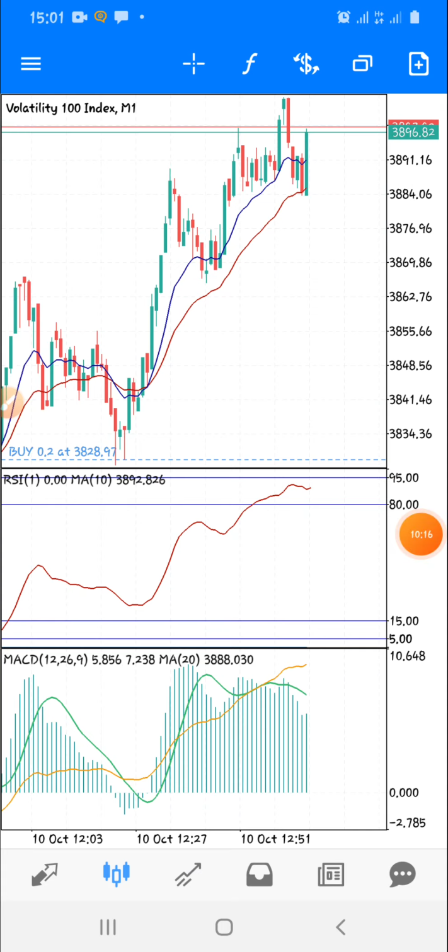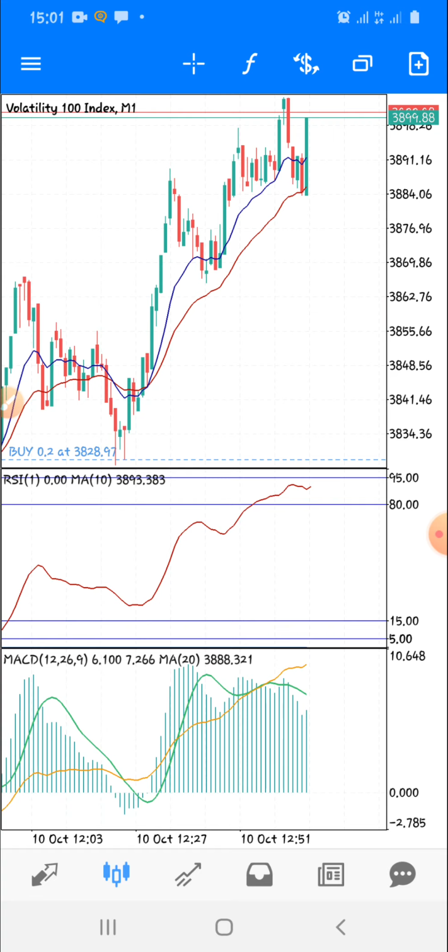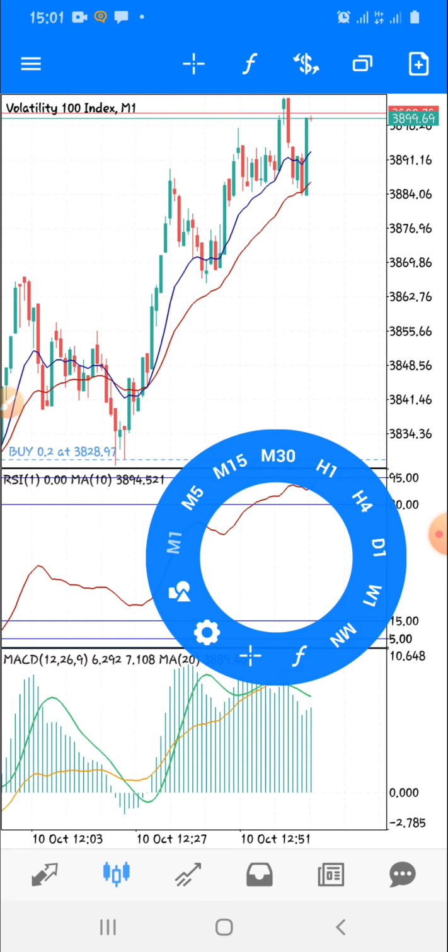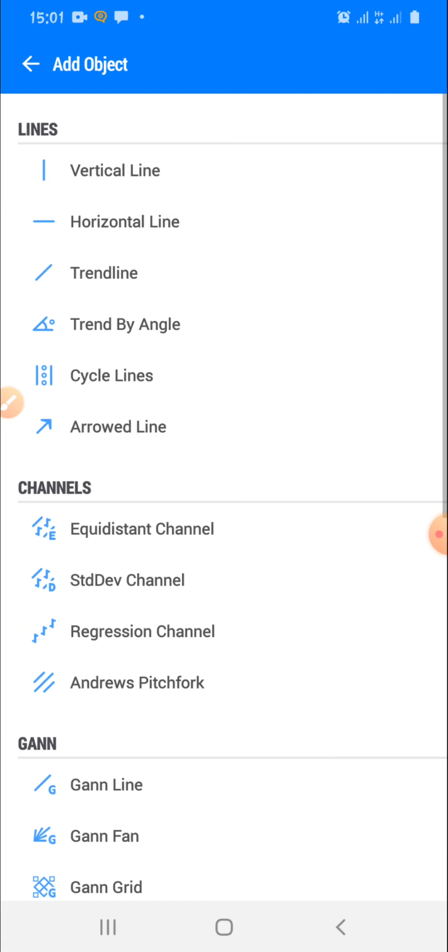So let's see this illustration too, so I can assure you that the moving average is a little bit accurate as compared to the other indicators. Now let me look for a pointer.